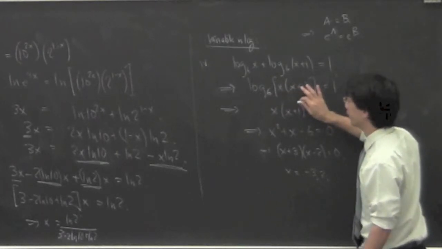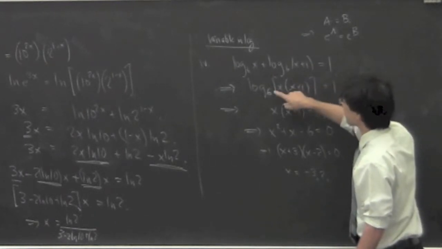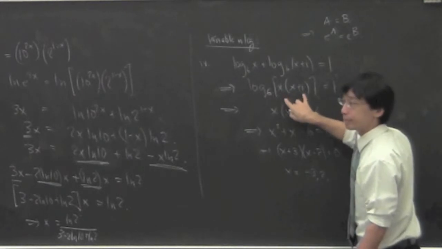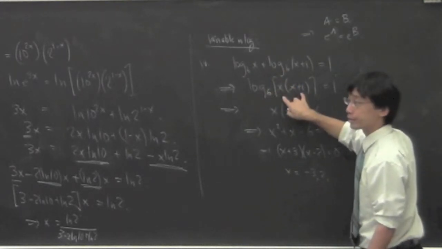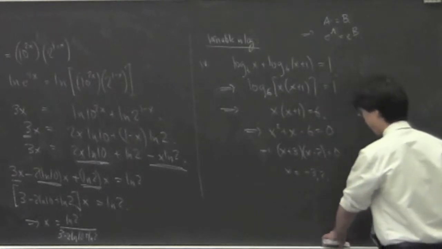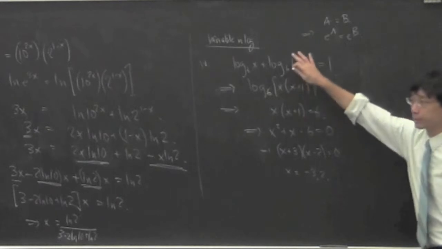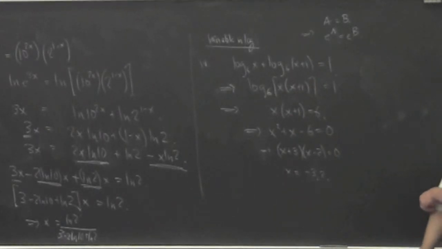That would be completely wrong. It's not true that the sum of logs turns into the log of the sum. What is true is that the sum of logs turns into the log of the product. And that's actually the great property, that log takes products and turns them into sums. That was sort of why log was so useful.